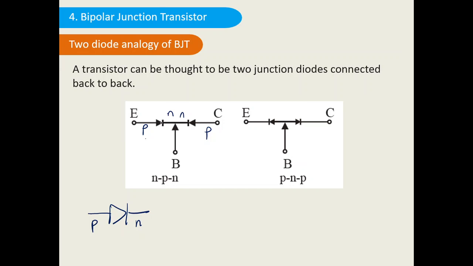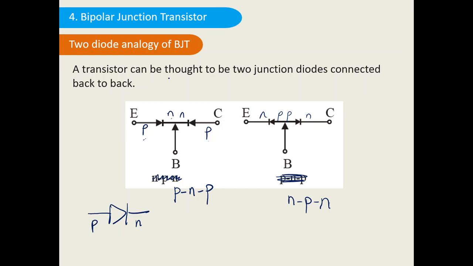So this is the PNP transistor. Okay, so this is wrongly given in the textbook. Also, if you look at the structure like this, this is P and this is N type. Also, this is P and this is N type. So this is the NPN transistor. All of you please do the corrections.